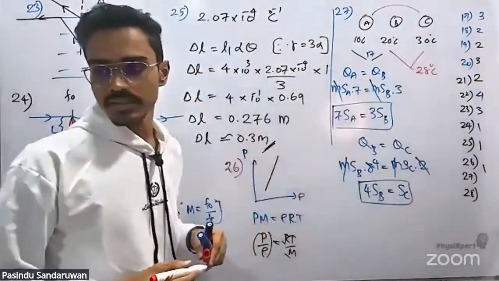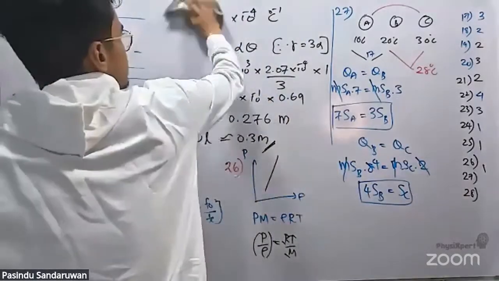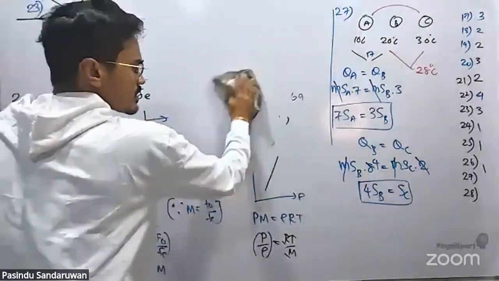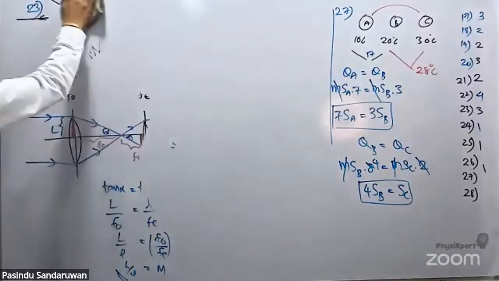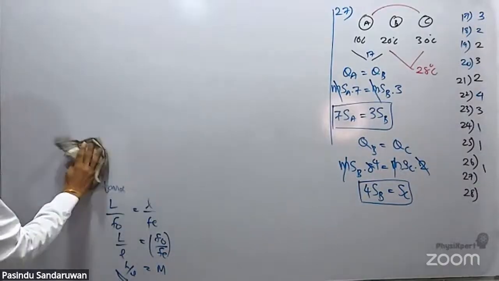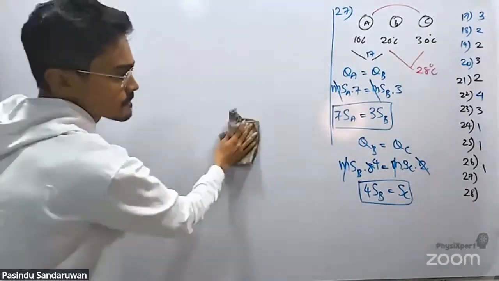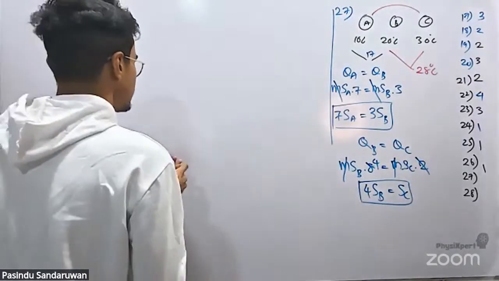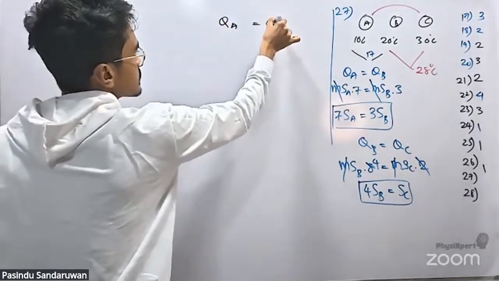If A and C are mixed, again the same argument: QA equals QC.